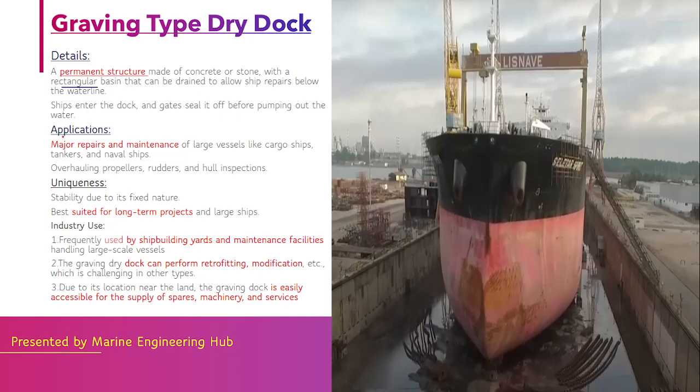So let's come to the first type, the graving type dry dock. What is the graving type dry dock? It is basically a type of dry dock in which a permanent structure, such as of concrete and stone, is made in the shape of a rectangle.